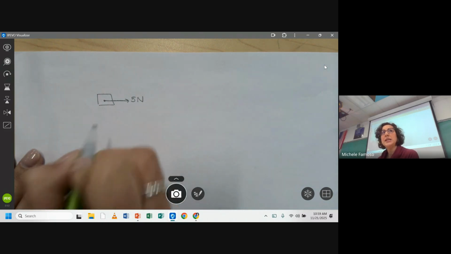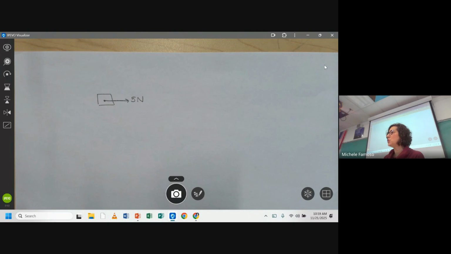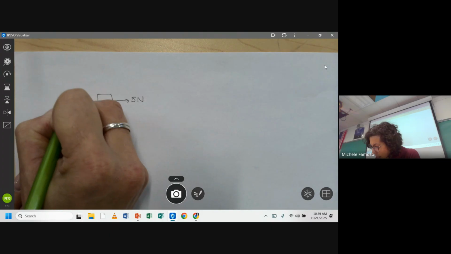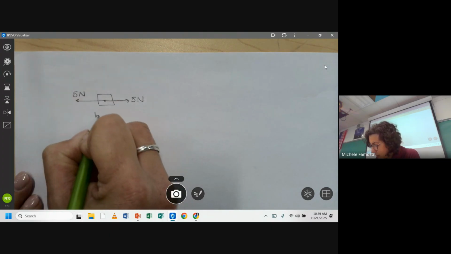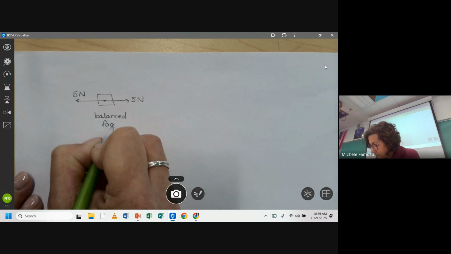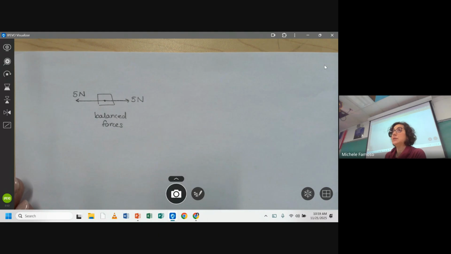If this is a balanced force situation, is this balanced right now? 5 to the right would have to be balanced with 5 to the left. Okay. So showing this is an indication that we have a balanced force. These forces are balanced, equal and opposite.